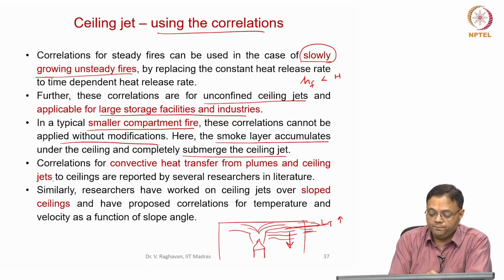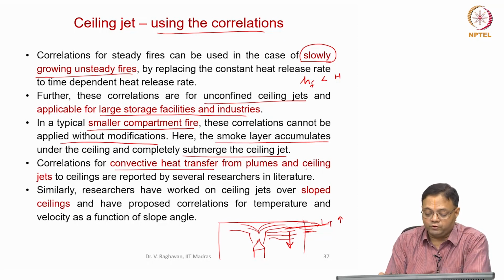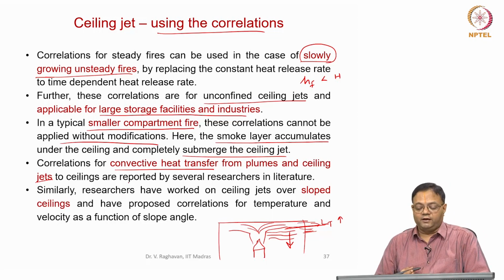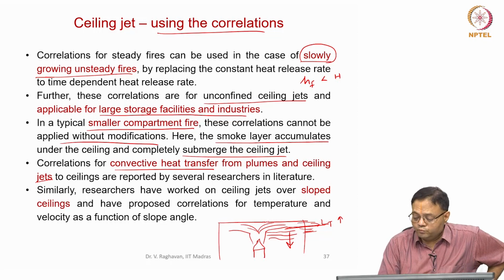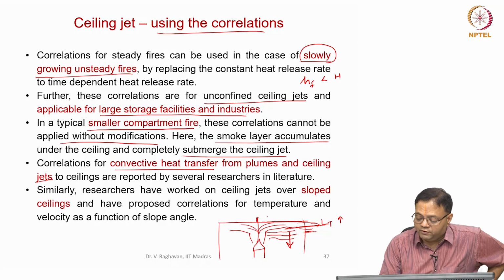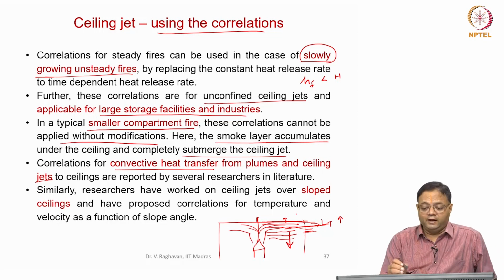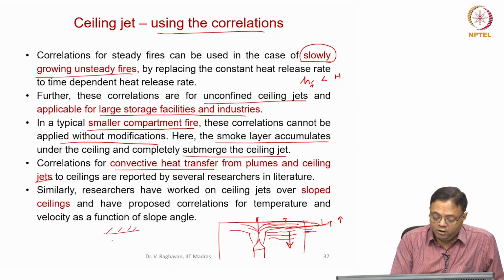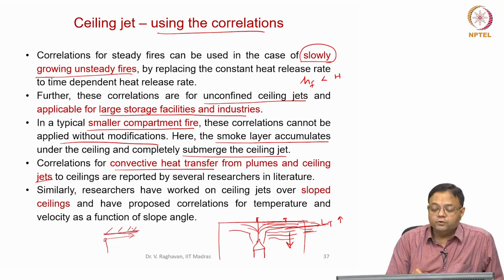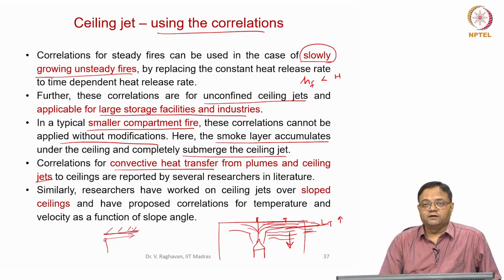Correlations for convective heat transfer from the plumes and the ceiling jets are reported in several places, so that we can use convective heat transfer. For example, when the plume impinges on the ceiling, or when the ceiling jet flows, there is a heat transfer to the wall, and the ceiling jet or the plume has some heat interaction with the wall.